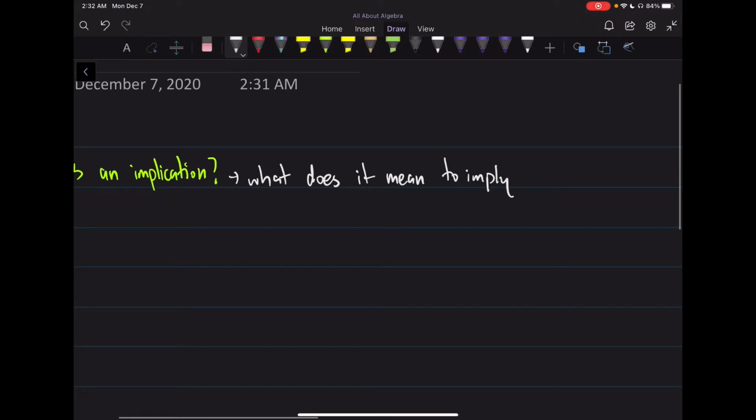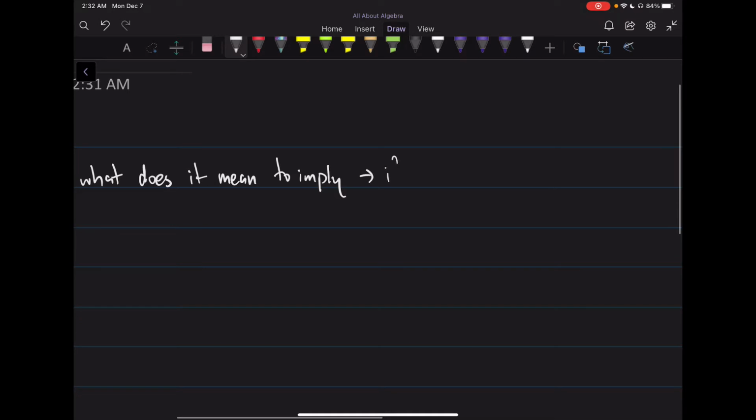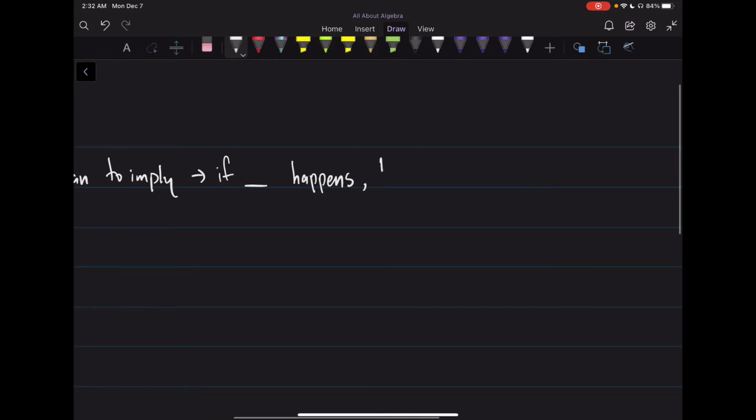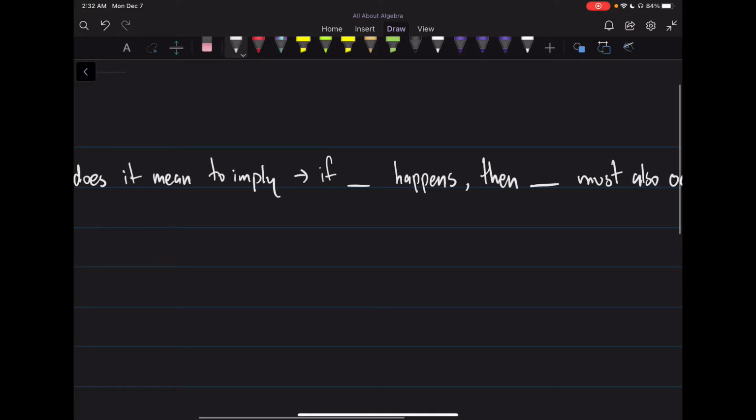What does it mean when we're implying something? Well, an implication can simply be if this happens, then this must also occur, right? So it's basically an if and then, right?